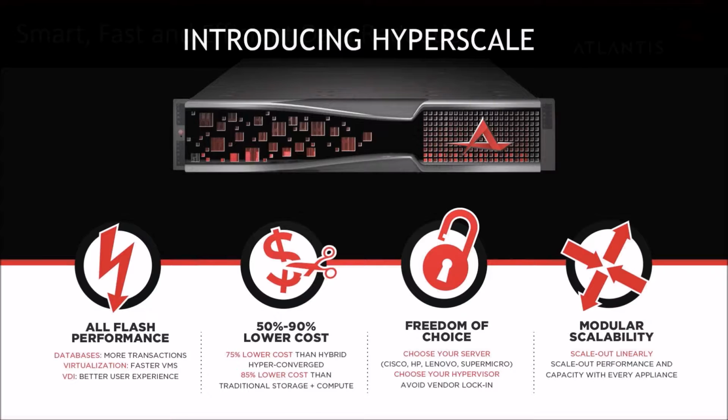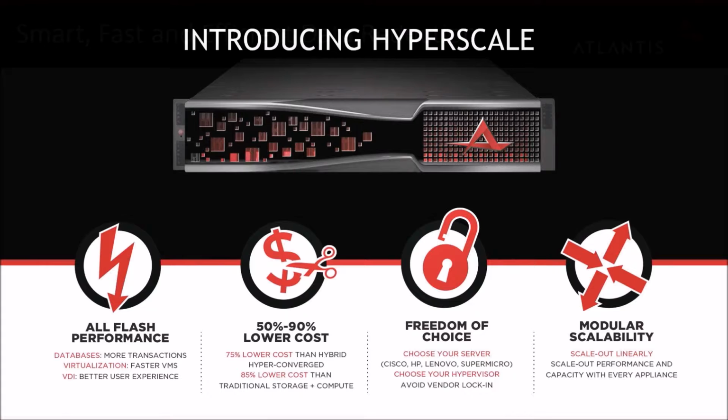In addition to the performance and cost savings and the space efficiency, we also decided from a model perspective for Atlantis Hyperscale to offer a tremendous amount of choice. What Hyperscale does is it follows the path of minimum friction for customers and for our partners in terms of allowing them to choose and deploy the power of Hyperscale on the hardware of their choice.